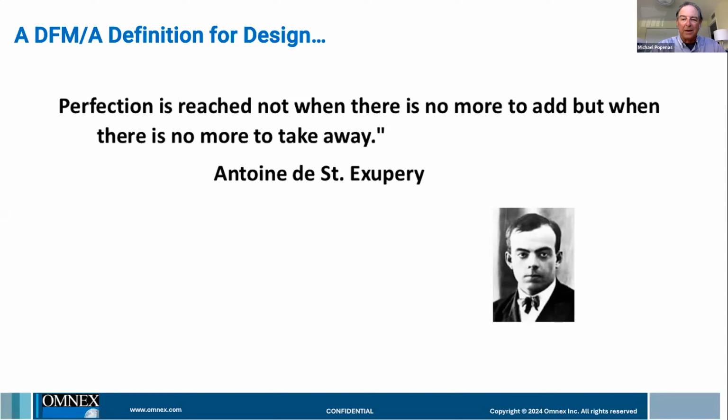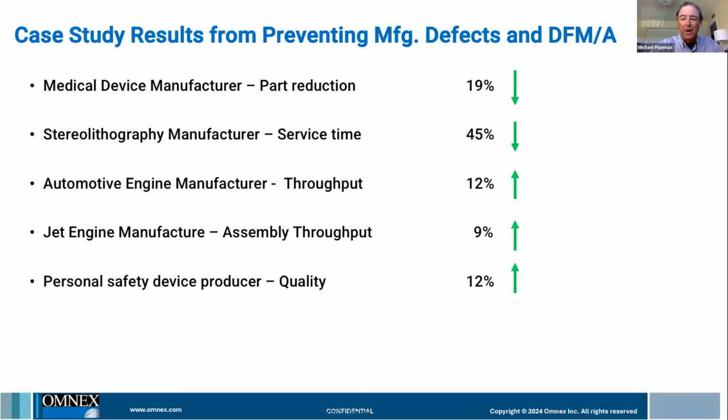I think that's a good way to set our tone here when we're getting into the next steps around some of the rules and the evaluation methods. Also, as I found out, this is the guy who wrote Le Petit Prince, the Little Prince, back in the 30s. So, nothing left to take away.